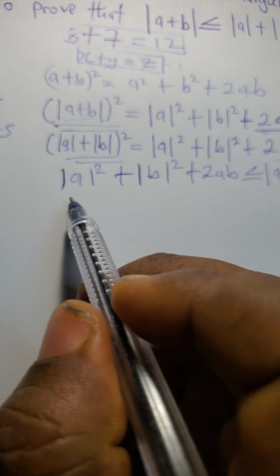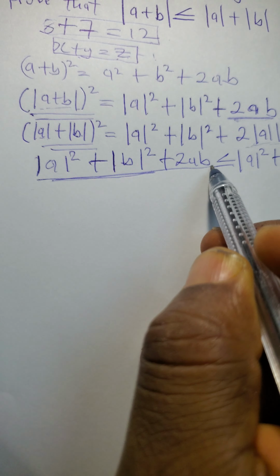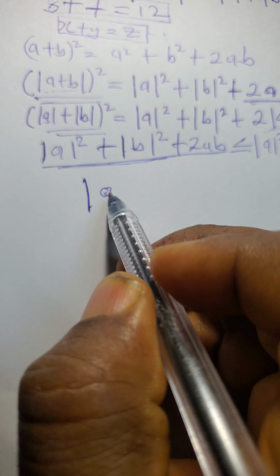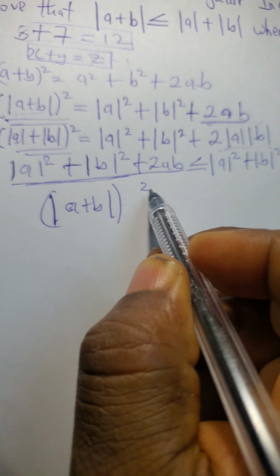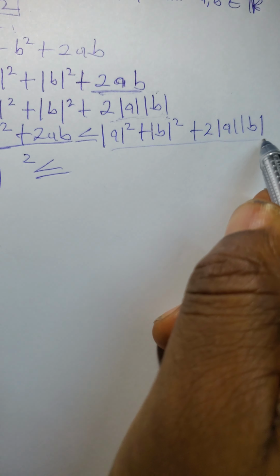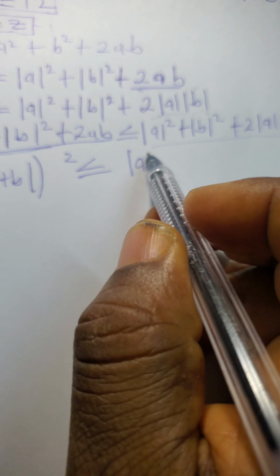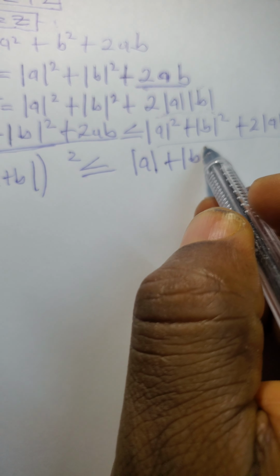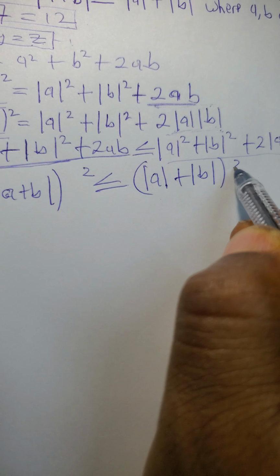Now, since our expression for this one originally was the absolute value of the sum of a plus b, then squared, we can now say it is less than or equal to absolute value of a plus absolute value of b, everything raised to power 2.